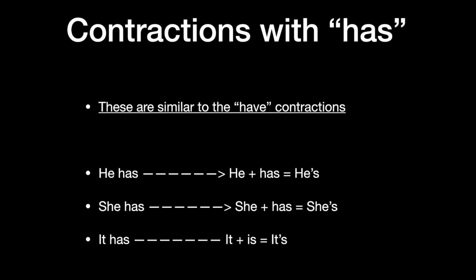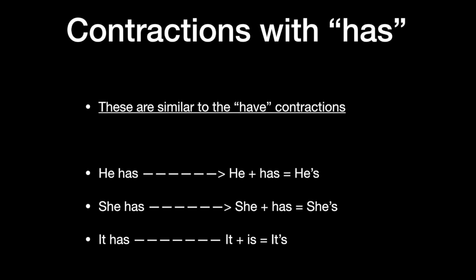These are not used as much as the have contractions. In a way, they are a little more slang, and slang is kind of like a word that we use. It's like street talk in a way.